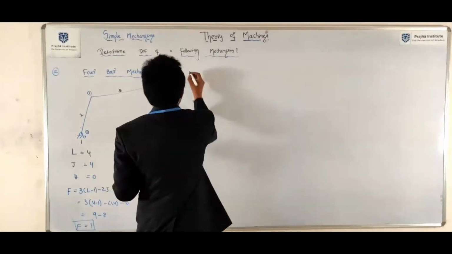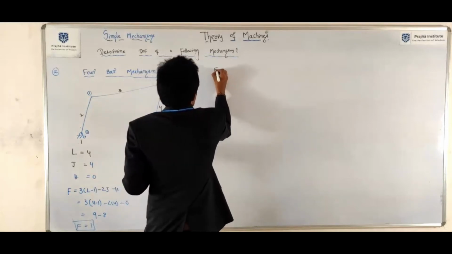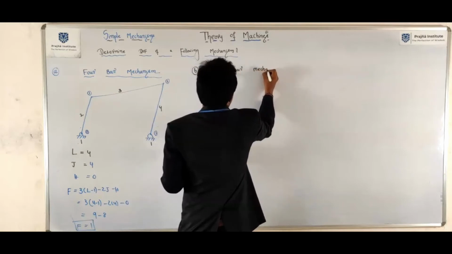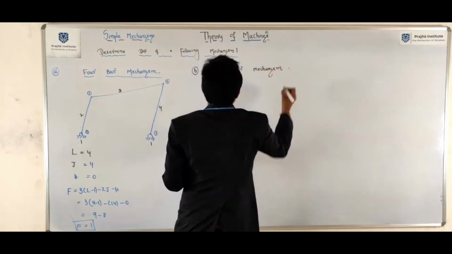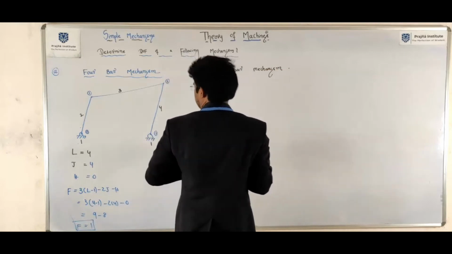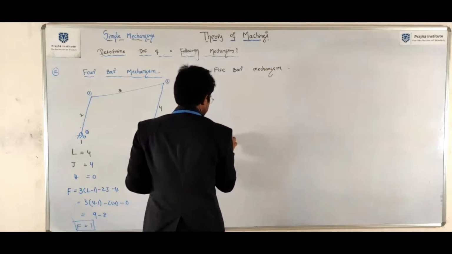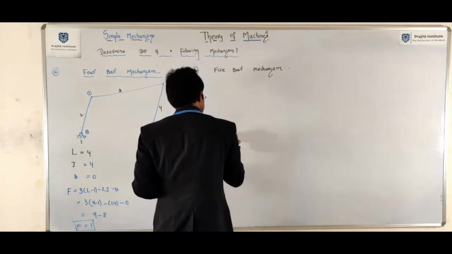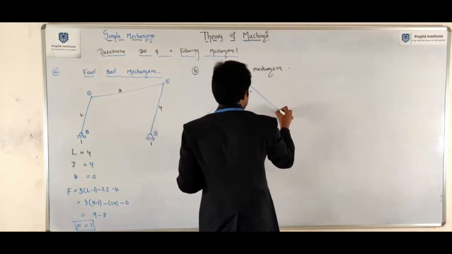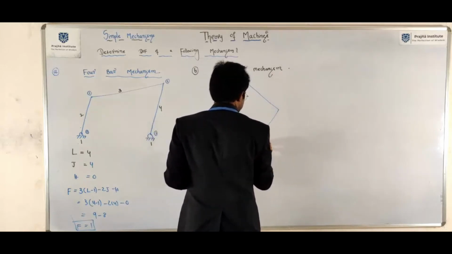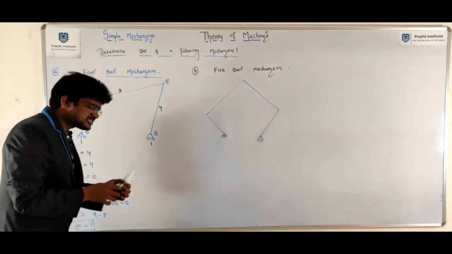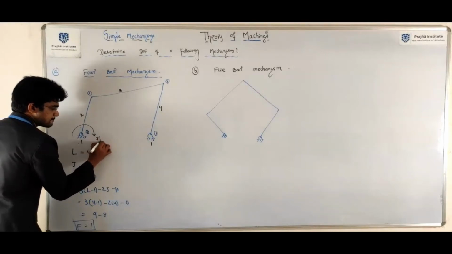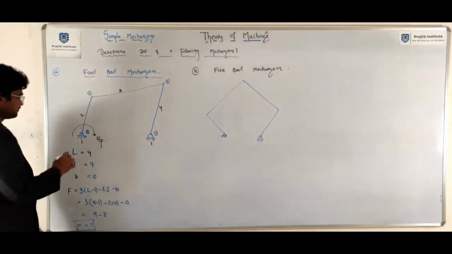Okay, next. B, 5-bar mechanism. What is meant by 1 degree of freedom? One input.